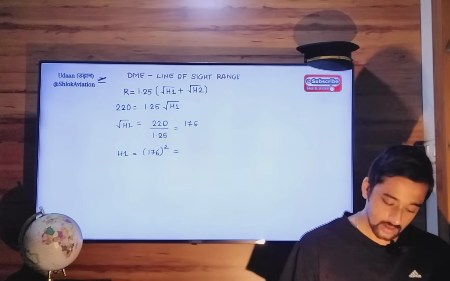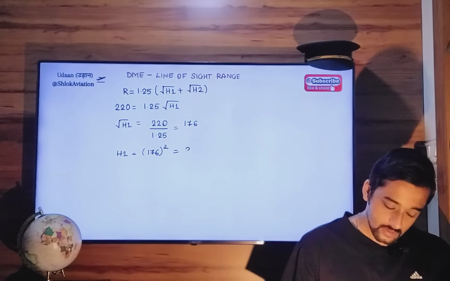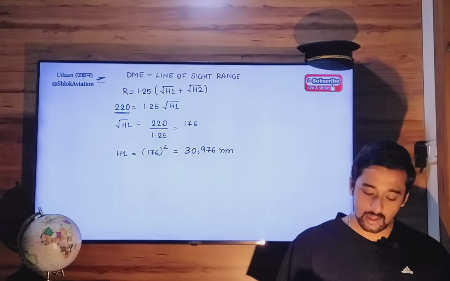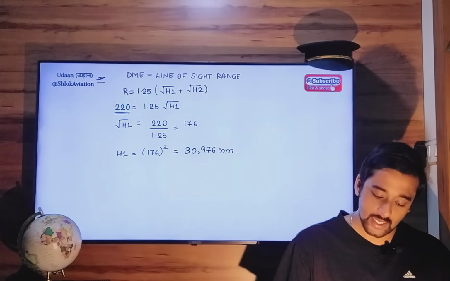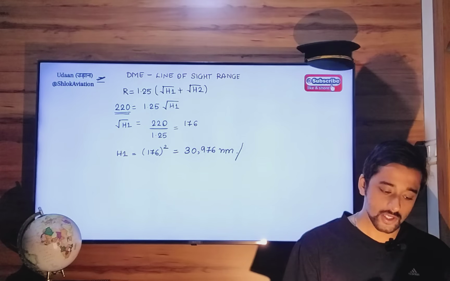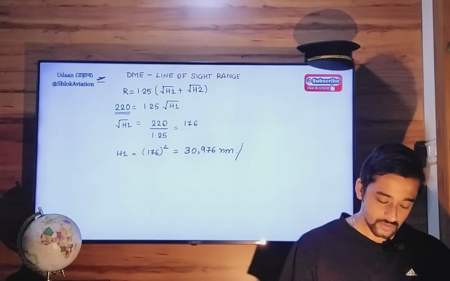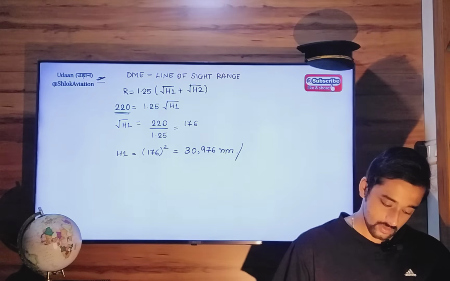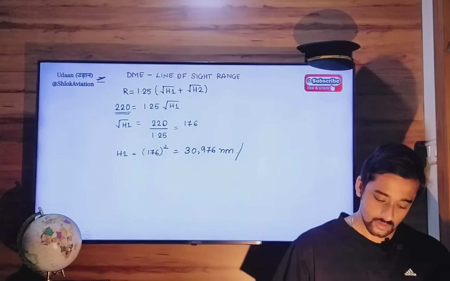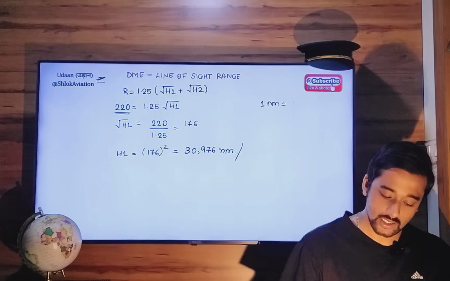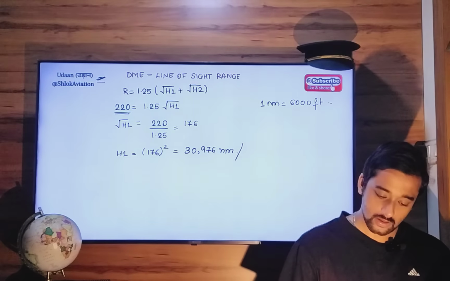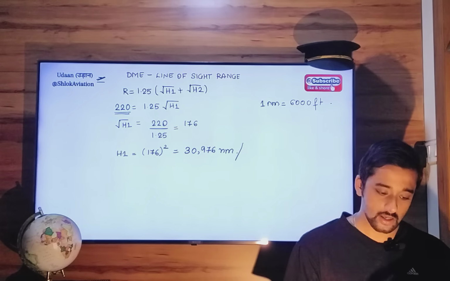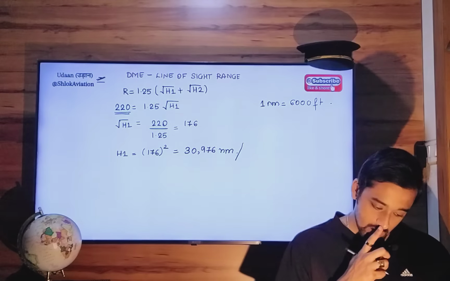that is 30,976, because 220 is nothing but 220 nautical miles. So the final answer will be in terms of 30,976 nautical miles divided by 6,000, correction, 1 nautical mile is 6,000 feet.